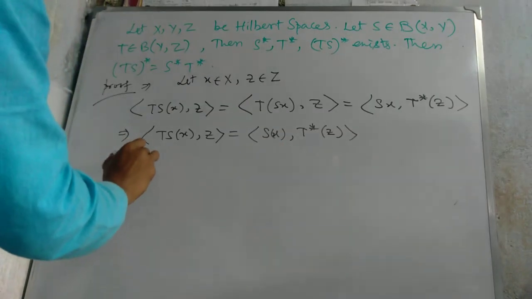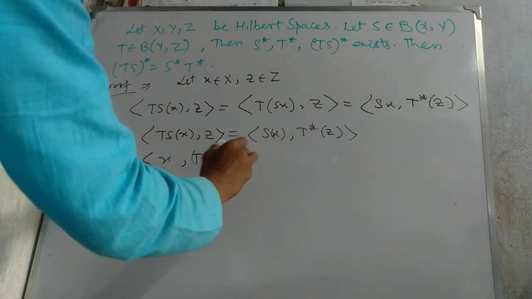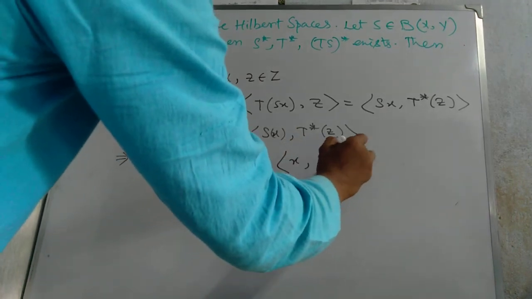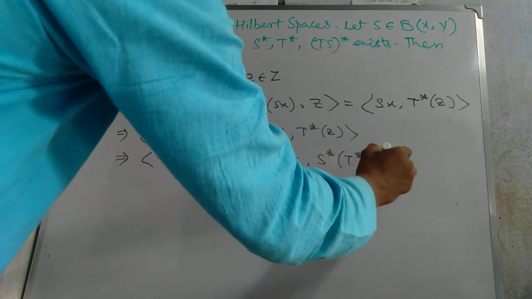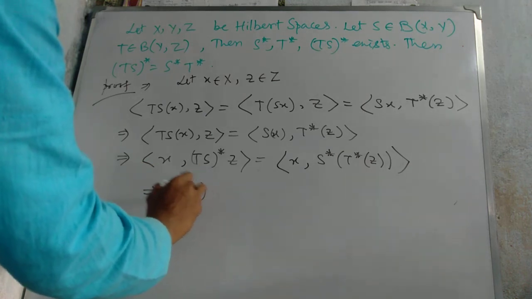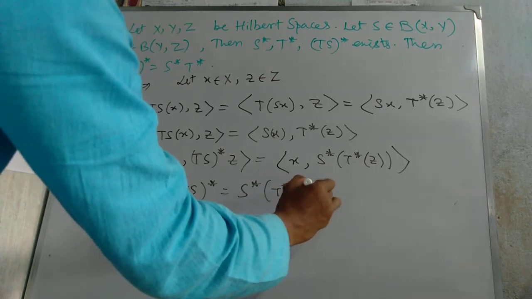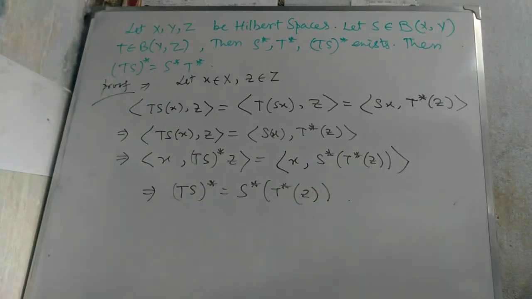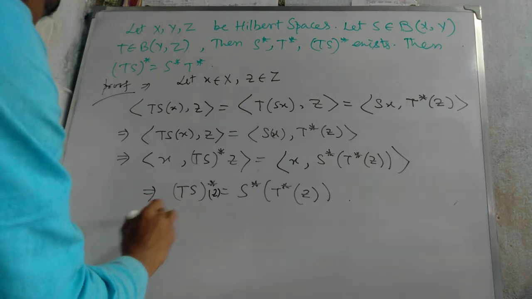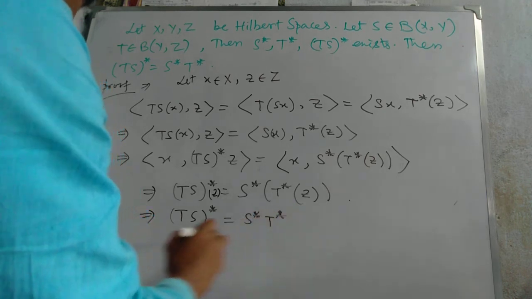This implies x, (TS) adjoint z equals x, S adjoint T adjoint z. Then this implies (TS) adjoint equals S adjoint T adjoint.